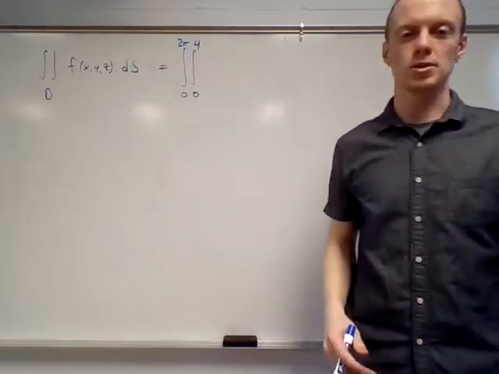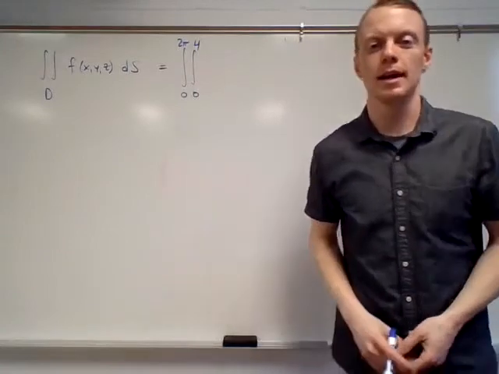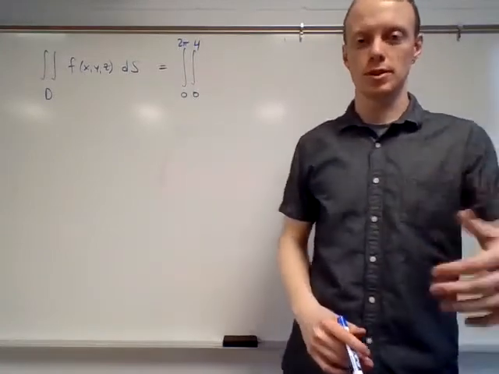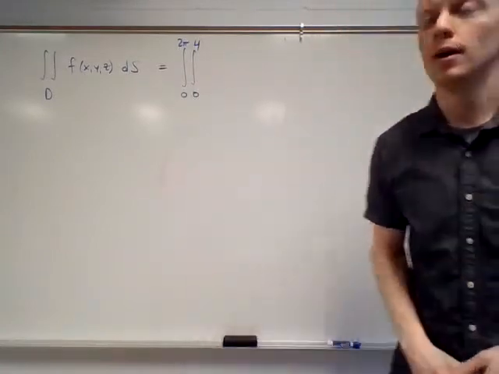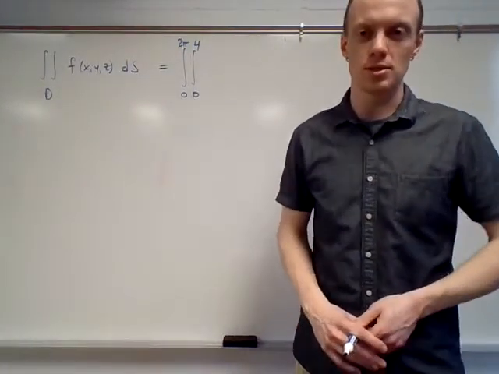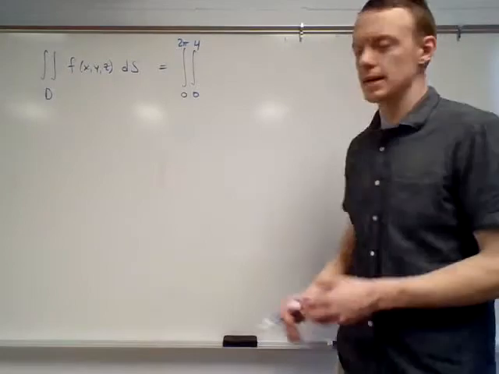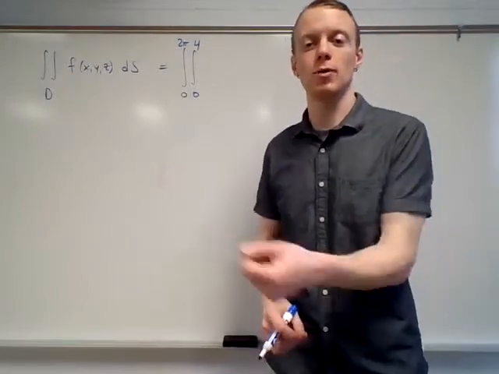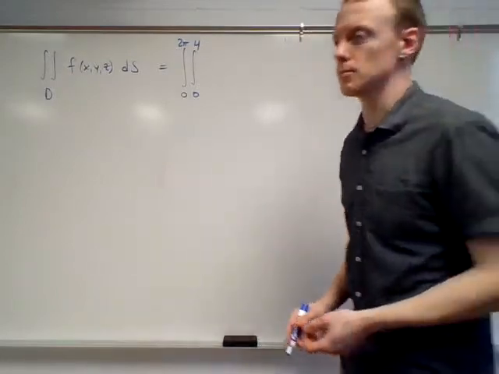We had u's going from 0 to 2 pi, and we had v's going from 0 to 4. Our real valued function was x squared plus y squared plus z squared. So we make the substitutions for what x, y, and z were, each in terms of u and v.